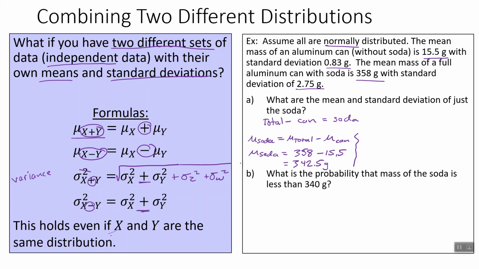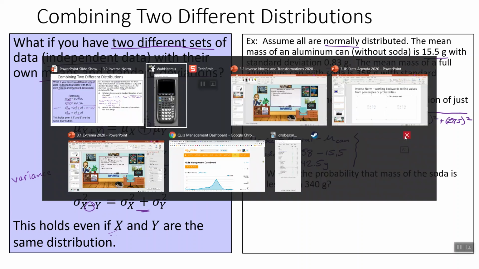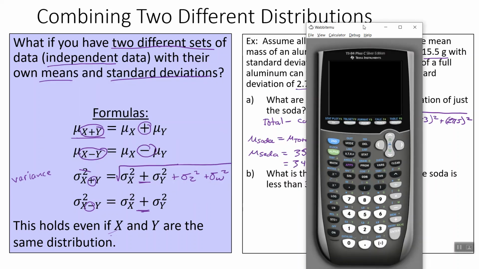To get standard deviation, we're doing the Pythagorean theorem. So the standard deviation of the soda will equal the square root of the standard deviation for, we're just adding the squares. So it'd be 0.83 squared plus 2.75 squared. We would just throw that into our calculator.